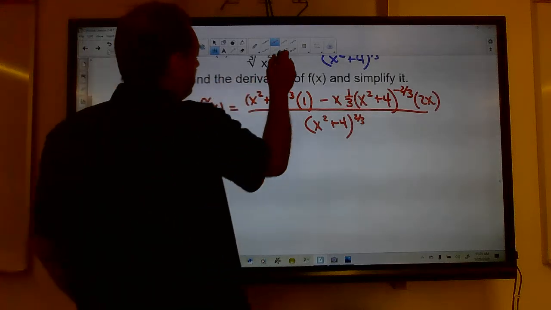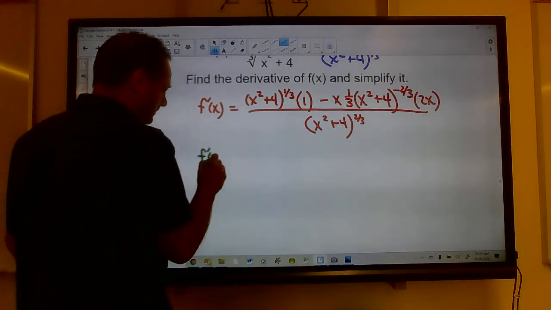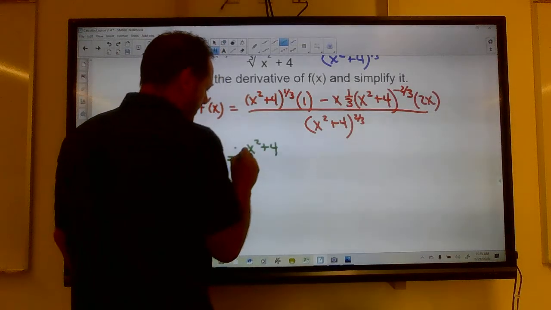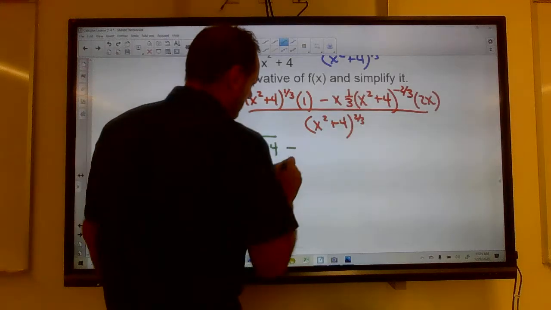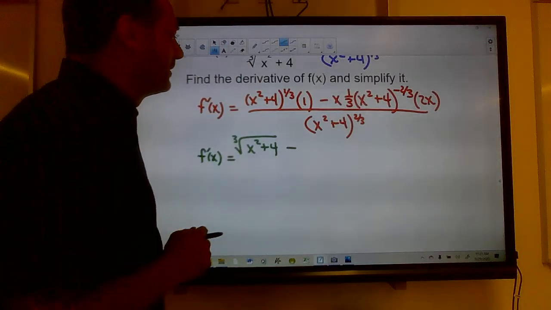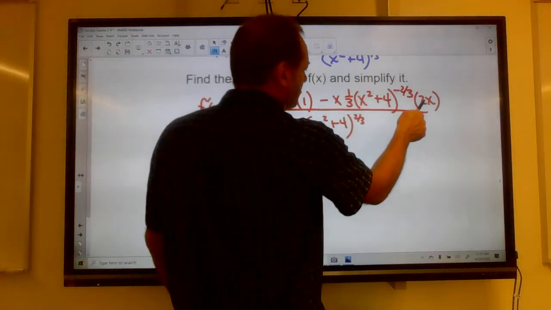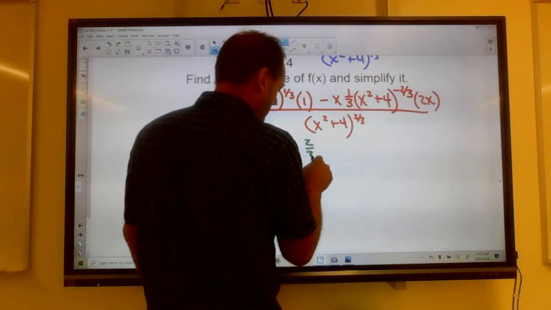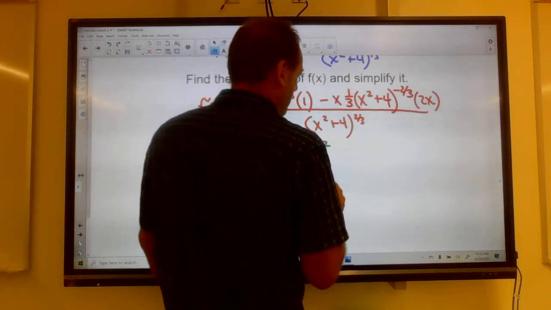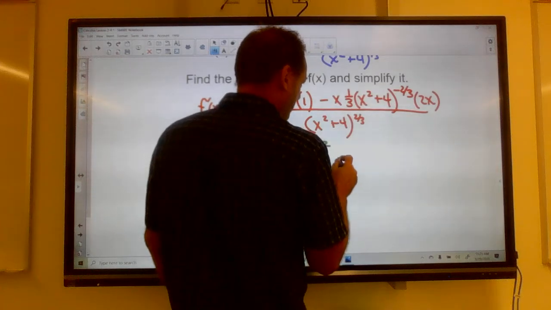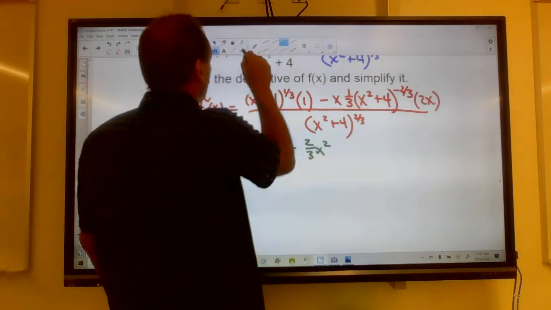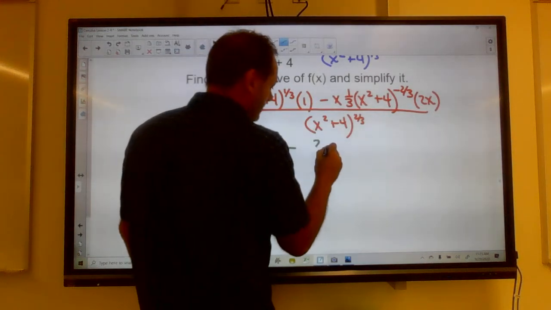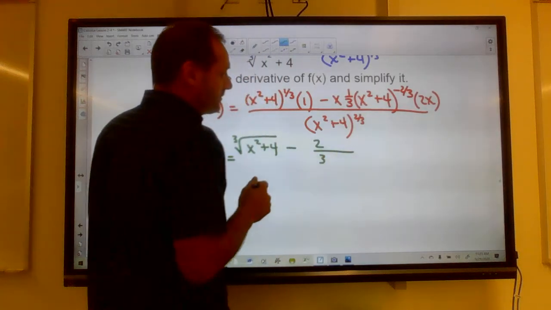Okay, let's clean this up a bit. All right, this is x squared plus 4, and I want the cube root of that, minus 1/3 times 2 is 2/3 x squared times... let's write this a little differently. 2/3.